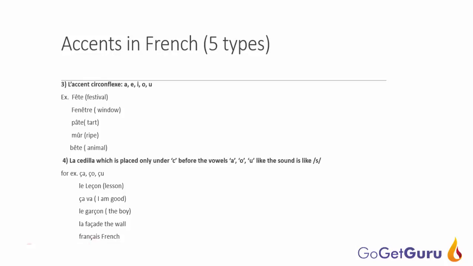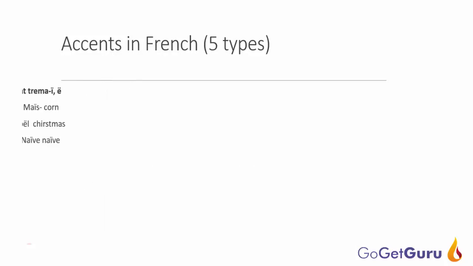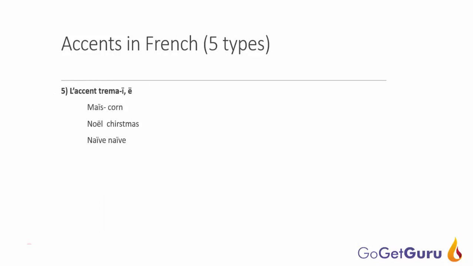And the last one is l'accent tréma. It's like two dots on I and E. You see those two dots? That's tréma. Okay, so you'll say it like this: maïs.